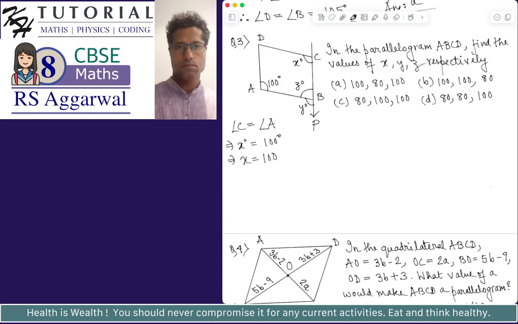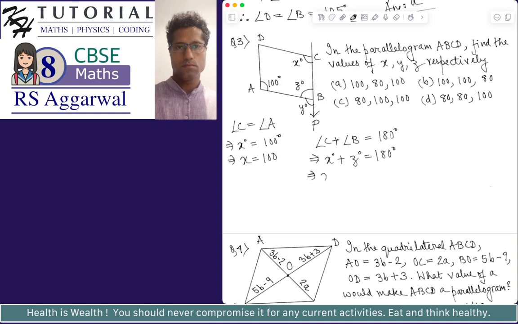Now we also know that angle C and angle B are a pair of adjacent angles, and in a parallelogram the sum of every pair of adjacent angles is equal to 180 degrees. So angle C plus angle B is 180 degrees.